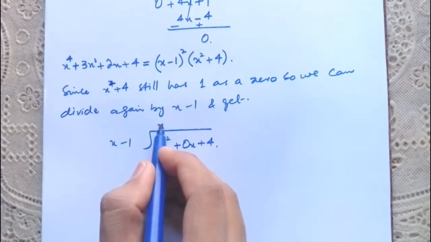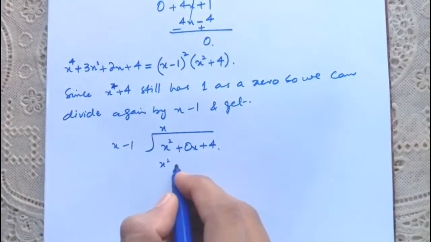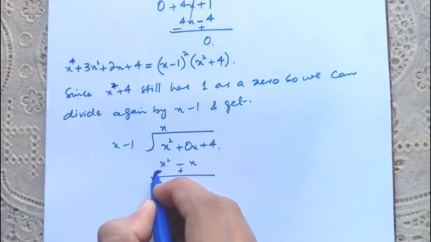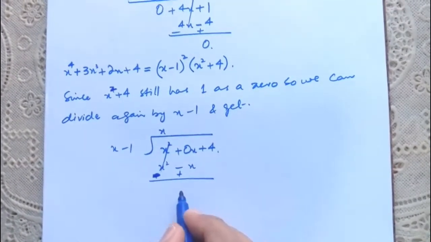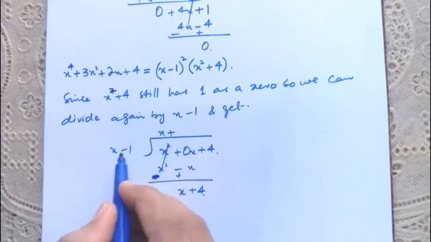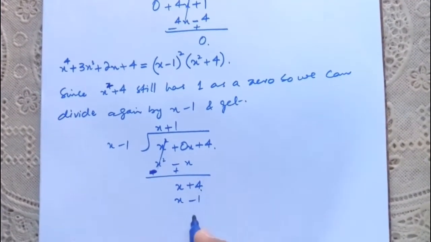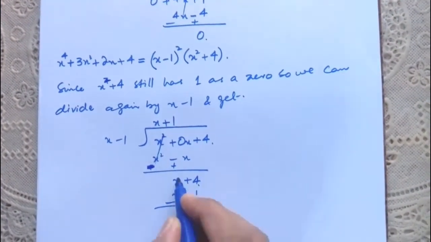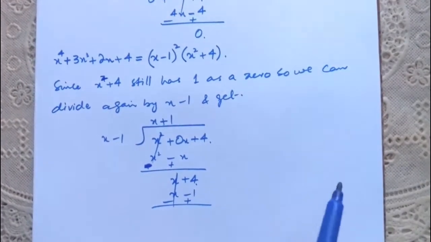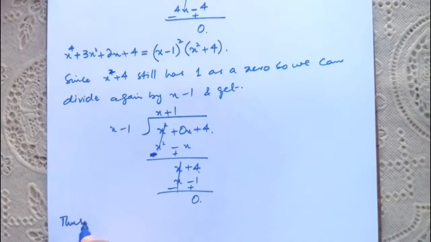If we multiply x to this factor, we have x^2 - x, so the remainder is x + 4, and +1 gives x - 1, and 4 + 1 is equal to 5, and 5 in Z5 is equal to 0.